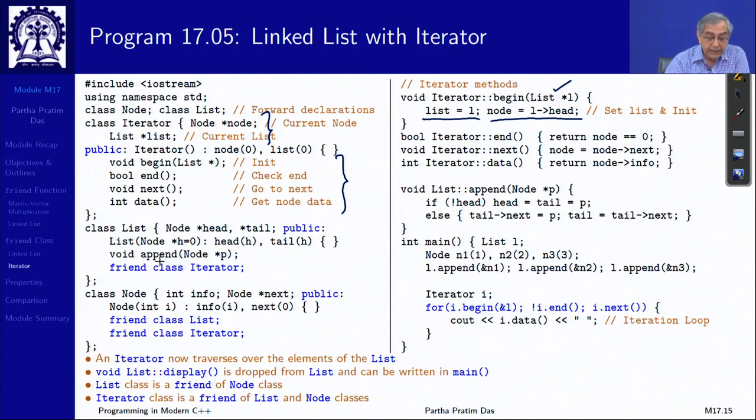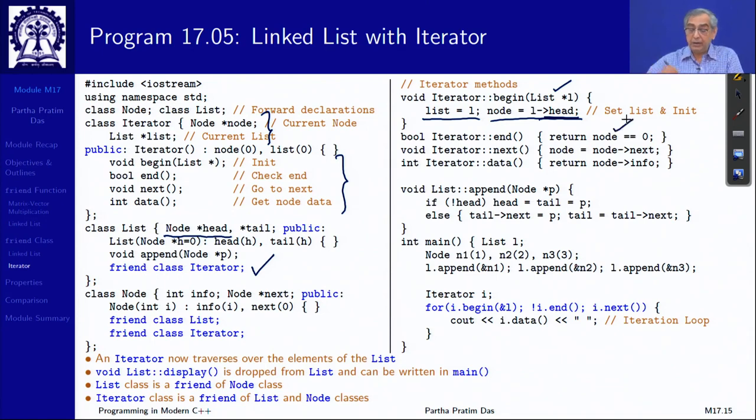It is here, node star head. It is a private data member of the list class, so I will not be able to access it. What do I do? I make class iterator a friend. I have made the class iterator a friend, so now it can freely use it.